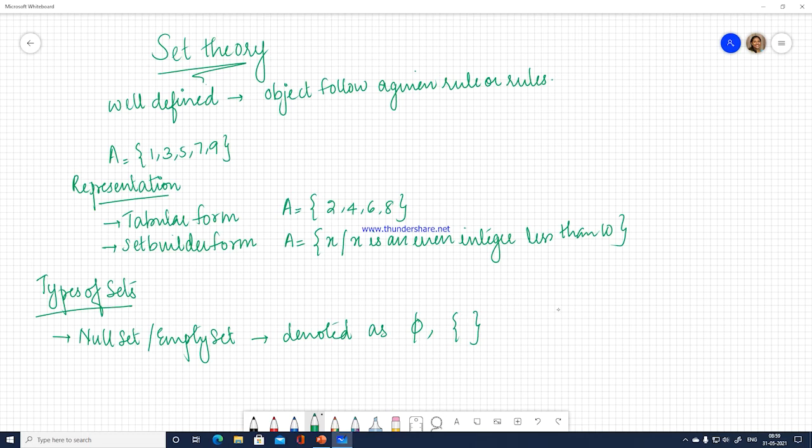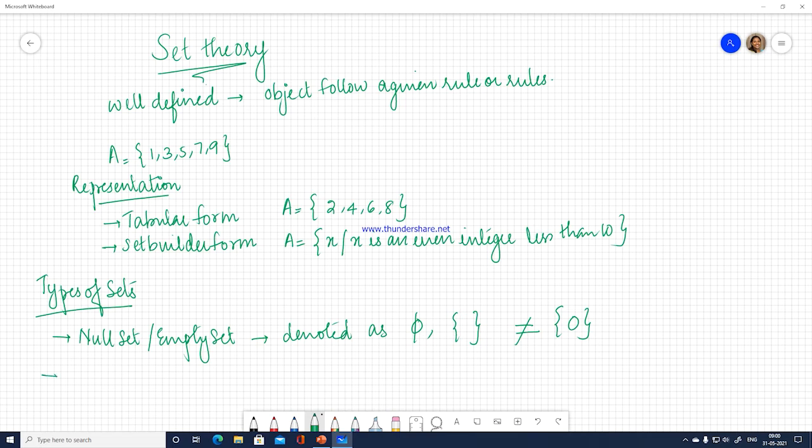But if you write a set like {ϕ}, this is not equal to the empty set. So a null set is a set which does not contain any elements, and is called a null set or an empty set.